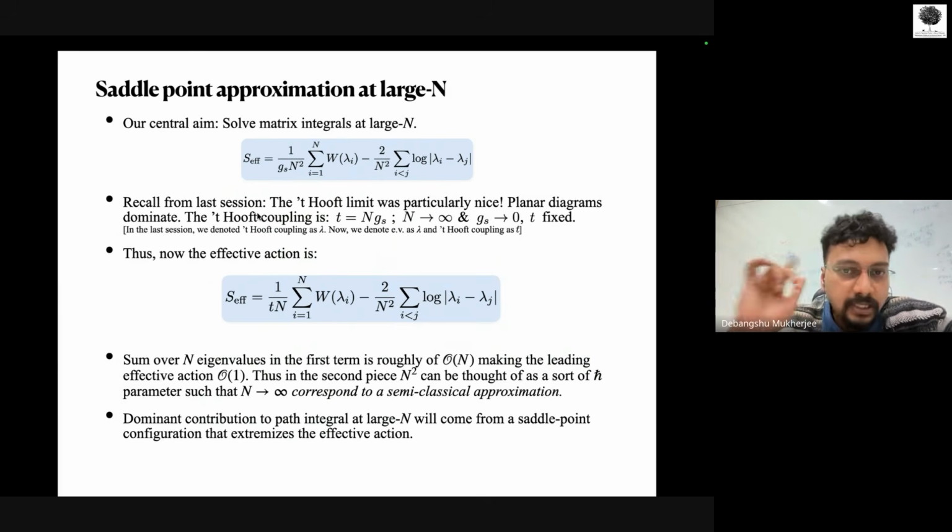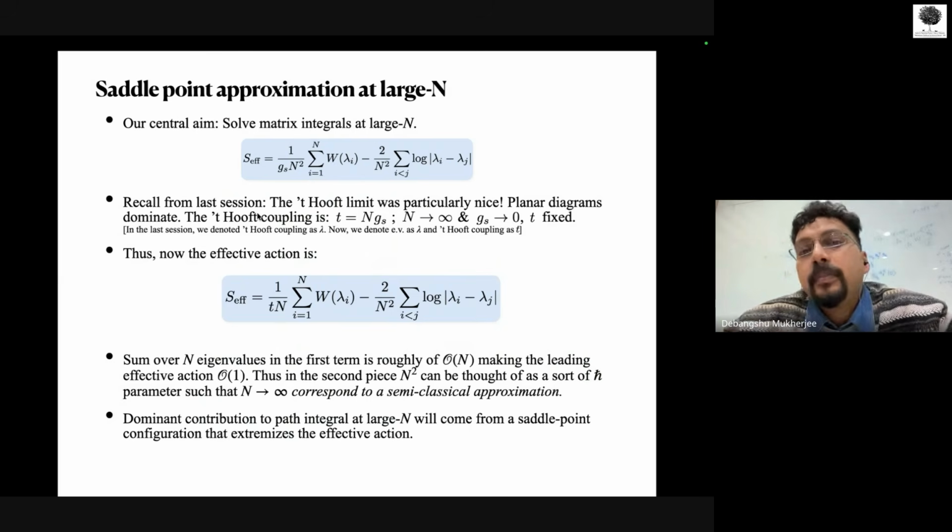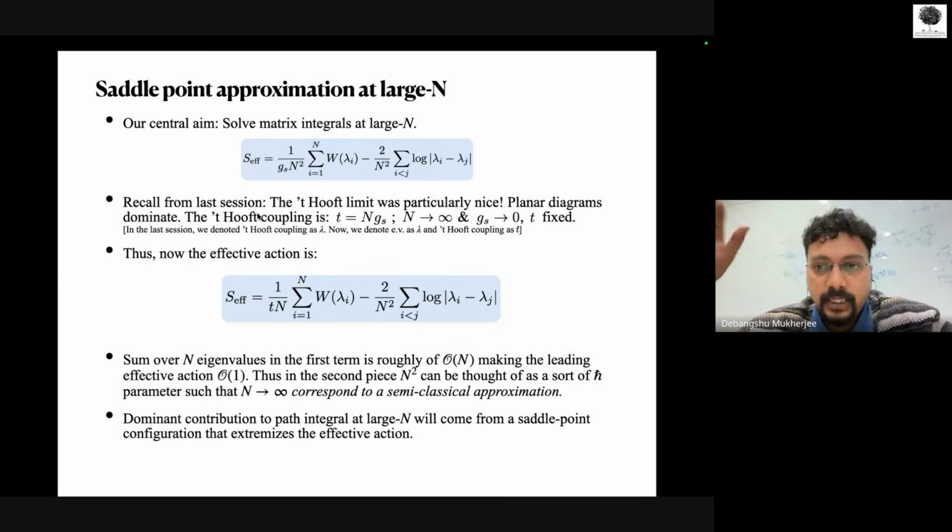Now recall from last session, there was this very nice limit within our parameter space, the 't Hooft limit, where planar diagrams dominate my vacuum to vacuum amplitude. It is defined such that N goes to infinity, g_s, the string coupling, is small, such that t is fixed.